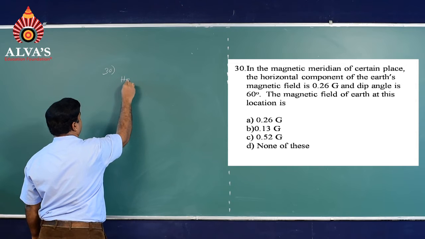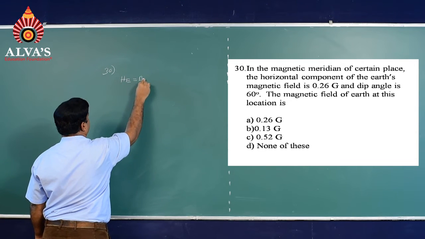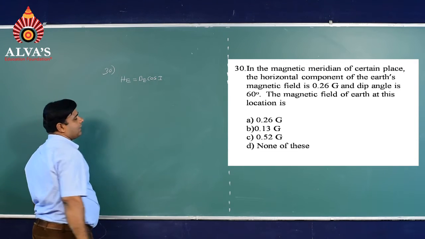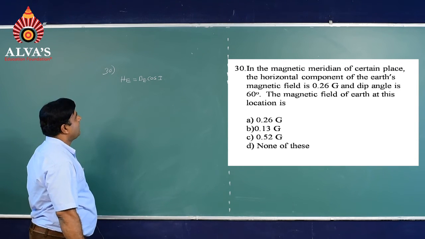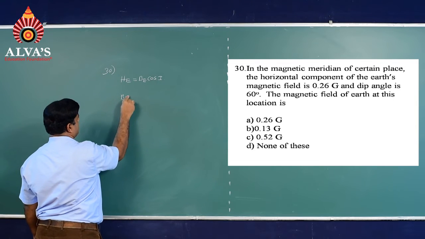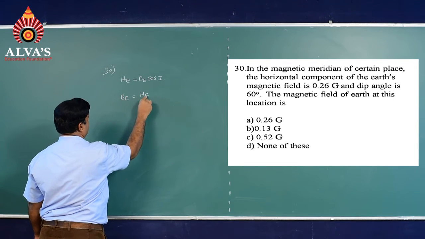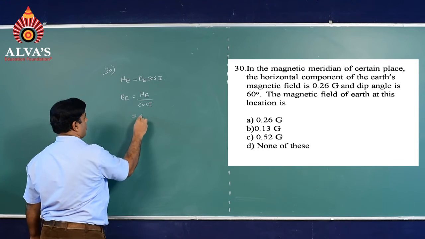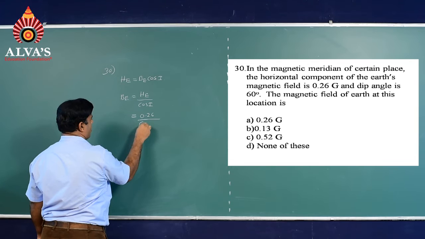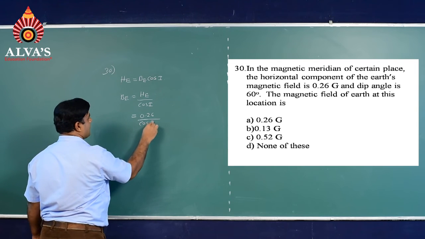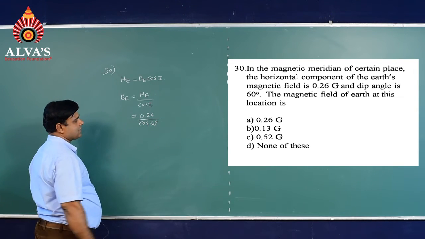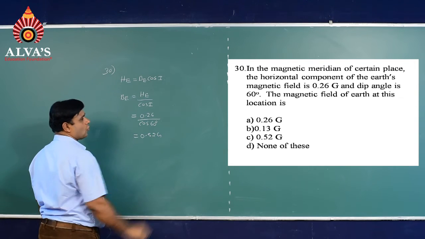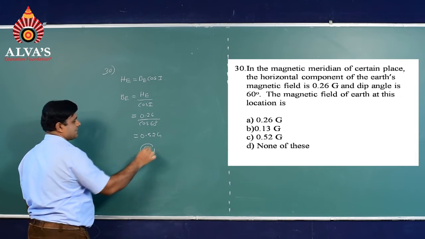The horizontal component is given by the formula BE cos I, where I is called inclination or dip, and BE is the total field. So, BE equals HE by cos I. HE is 0.26, dip is 60 degrees, cos 60 is 1 by 2, which gives rise to 0.52 Gauss. So, the answer is C.